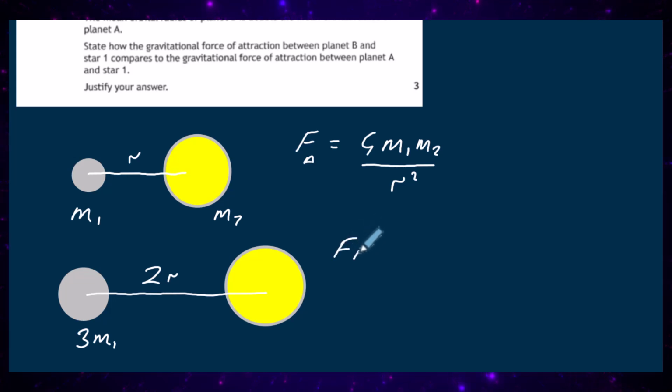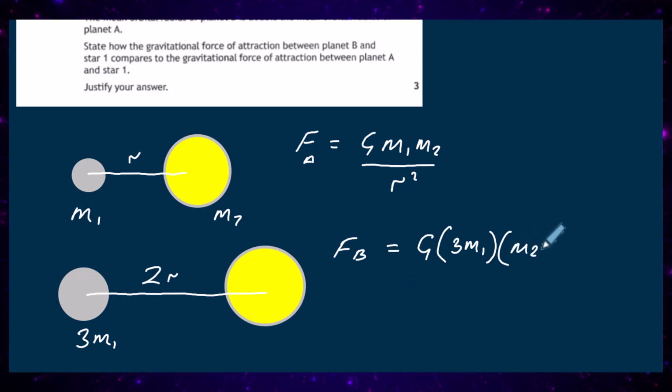The gravitational force of attraction for planet B onto the star is equal to the universal gravitational constant, G, times M1, which will be the mass of this planet, 3 times M1. So we can put in the bracket 3M1. And we have to multiply that by the star M2, which is not changed. That mass is not changed there.